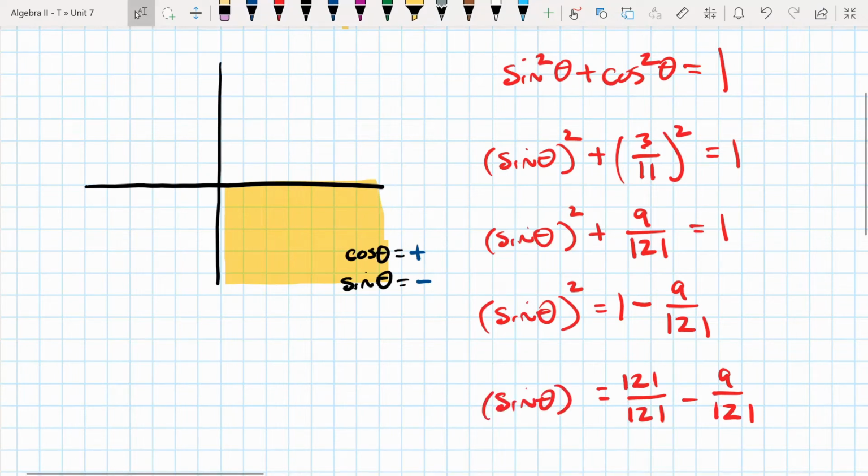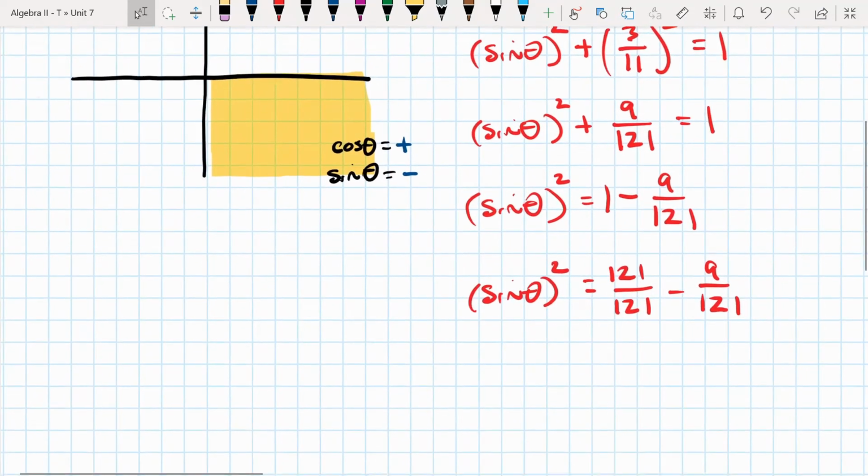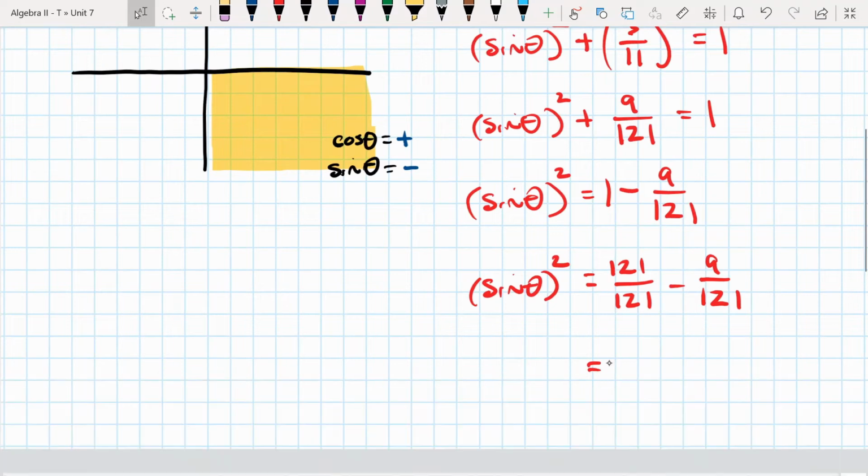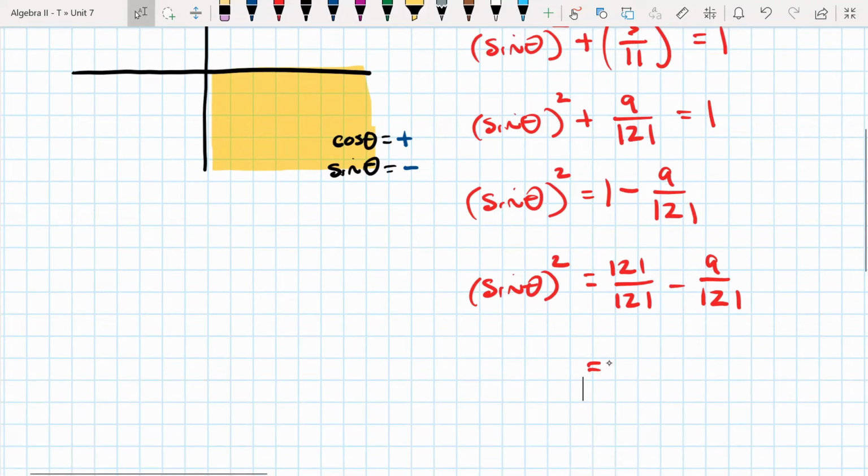Sine theta squared. Now let's combine these by subtracting the numerators. So we end up with 121 minus 9, which is 112 over 121. And this is sine squared.